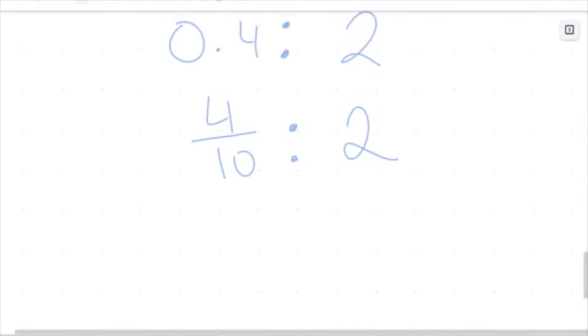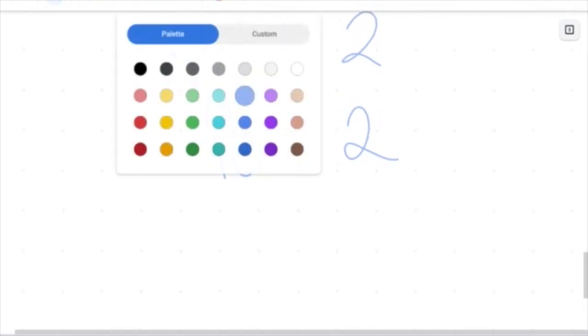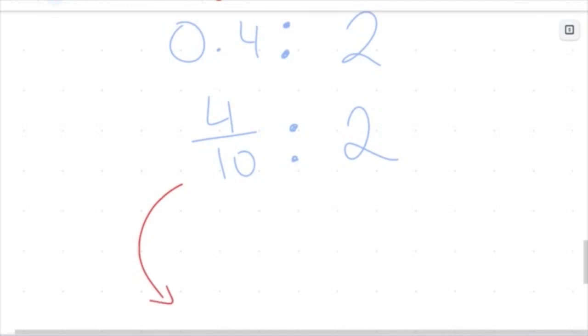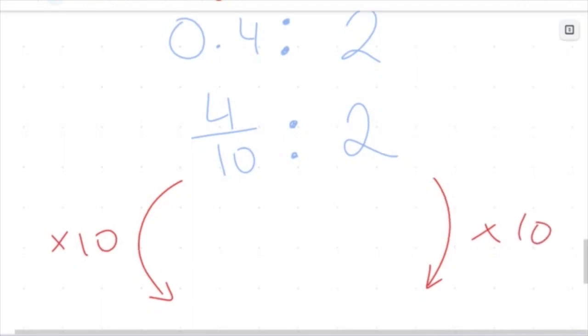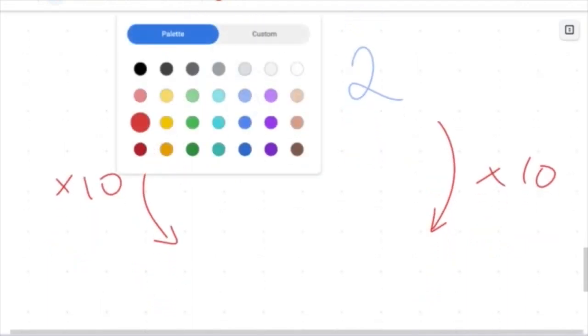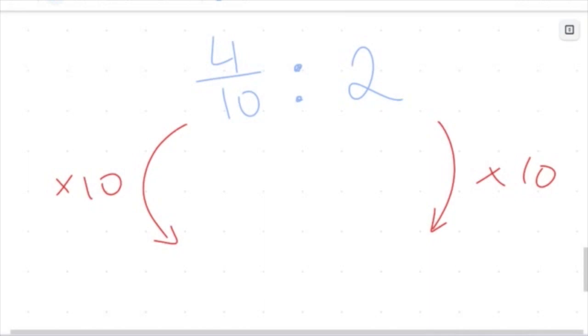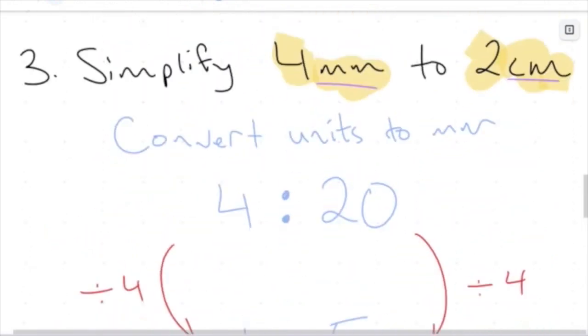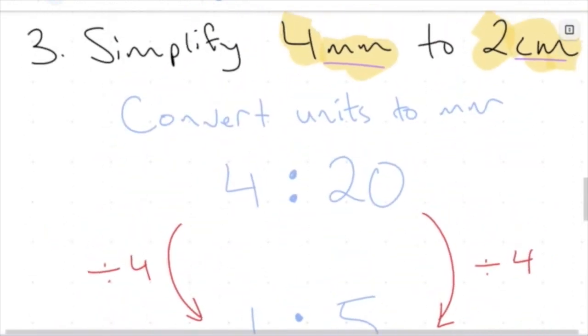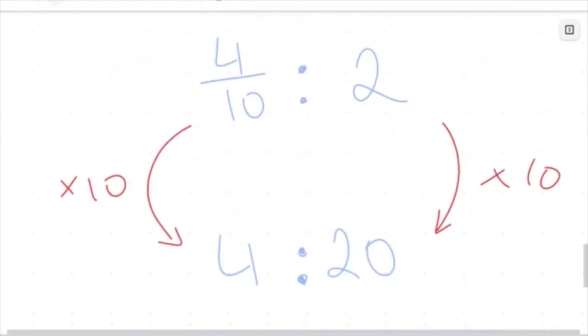So to both of these numbers in my ratio, I'm going to multiply by 10, because that's going to kill off this denominator and give me a whole number. And what I do to one part of the ratio, I want to do to the other. Timesing both of these by 10, I get 4 to 20, which is the same thing I had when I converted to millimeters. I get the exact same thing.